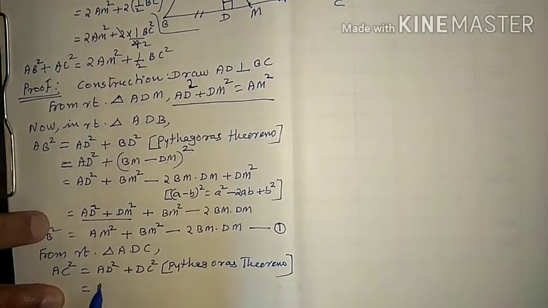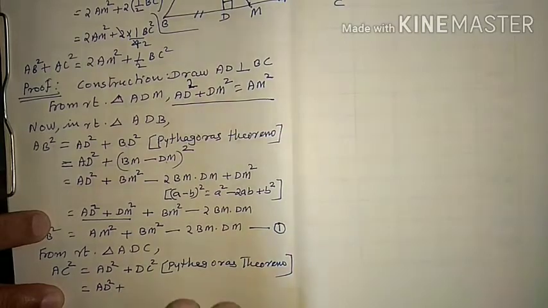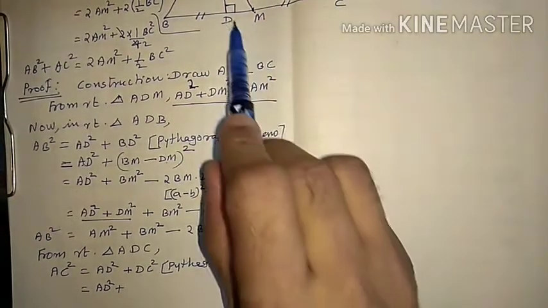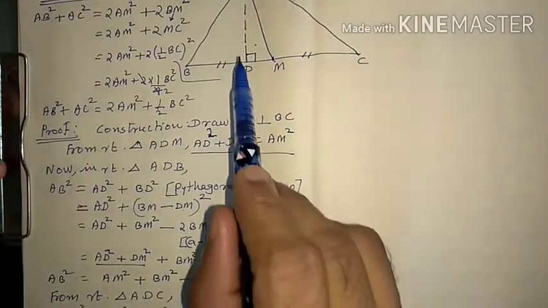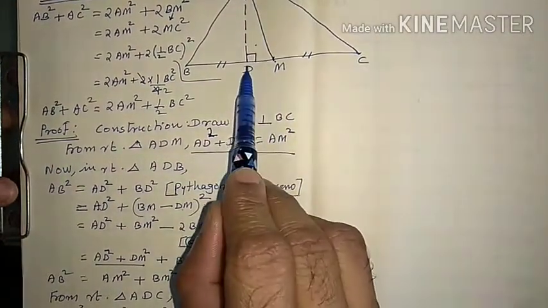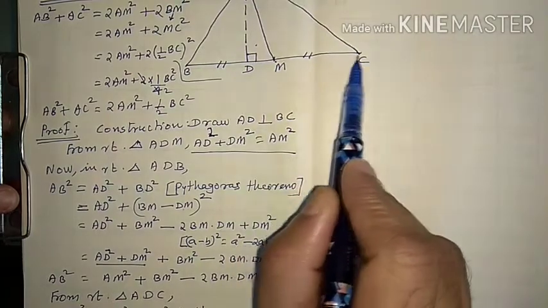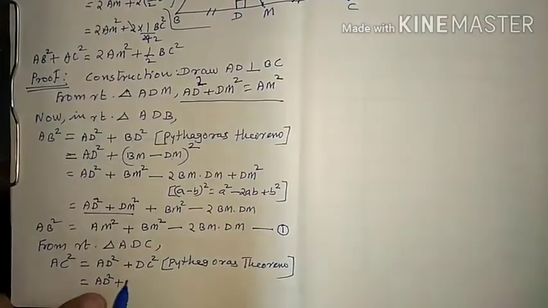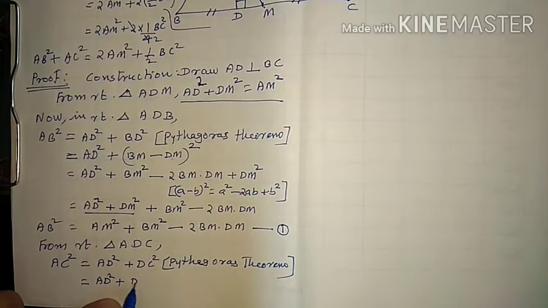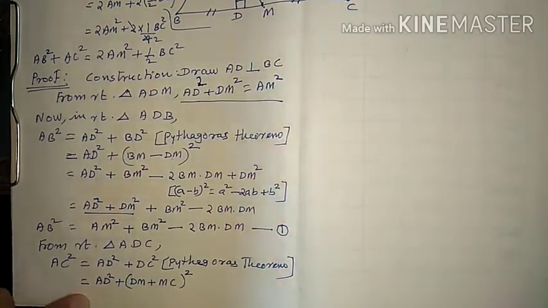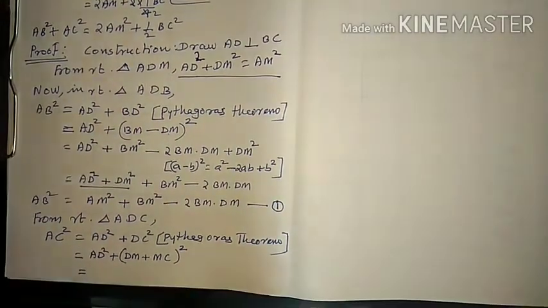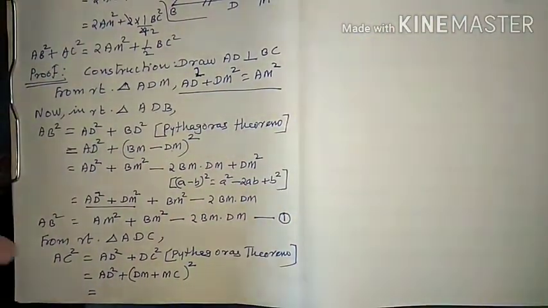Now this is AD square. Now you please see this DC is equal to DM plus MC. That we write here. DC square is equal to DM plus MC, the whole square. One more step we write here and we continue there.